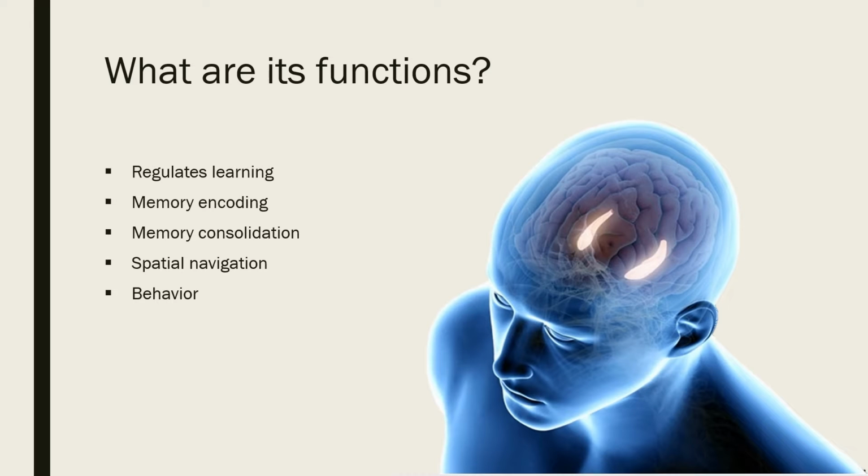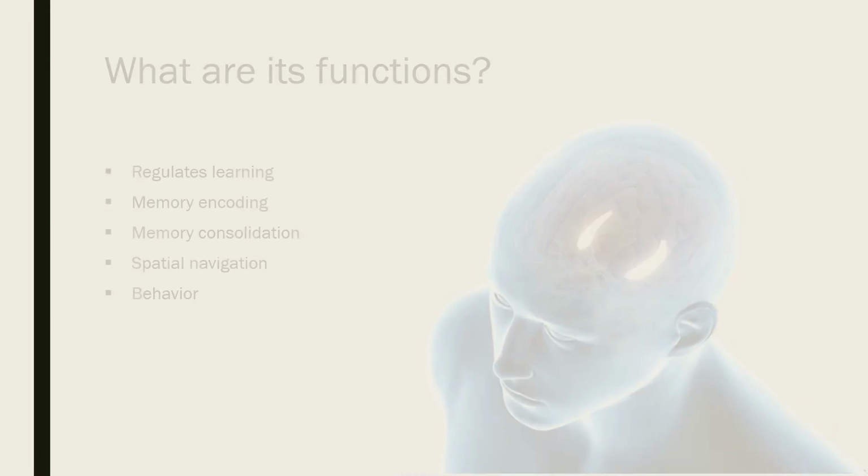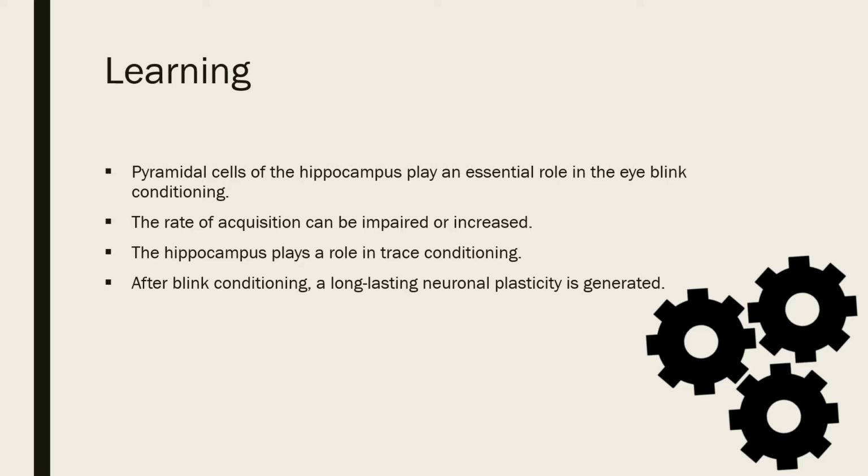Its functions are regulating learning, memory encoding, memory consolidation, spatial navigation, and behavior. So for learning, pyramidal cells of the hippocampus play an essential role in eye blink conditioning. This is a standard model for studying associative learning, and the rate of acquisition can be impaired or increased by hippocampal manipulations.